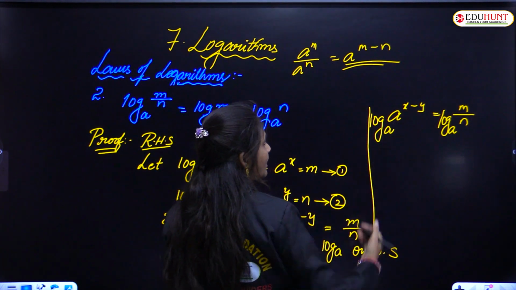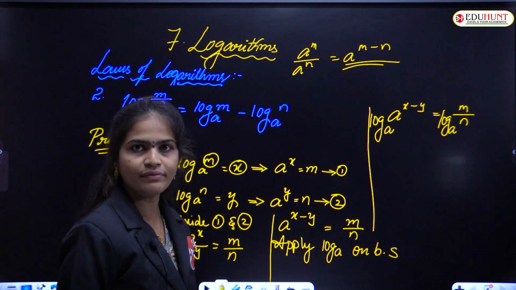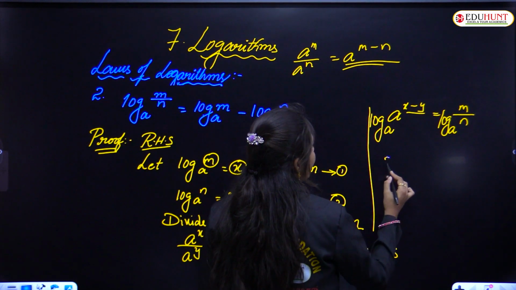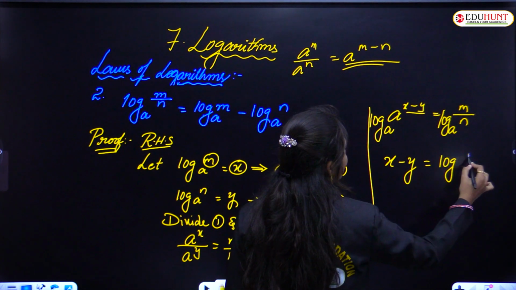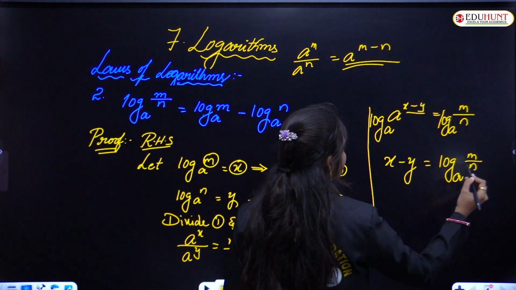Here log a base a equals 1, we know that. So the leftover is x minus y, which equals log m by n to the base a.